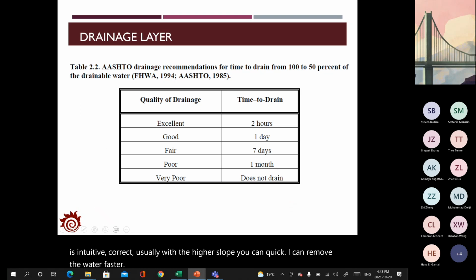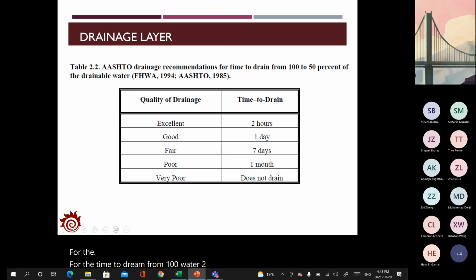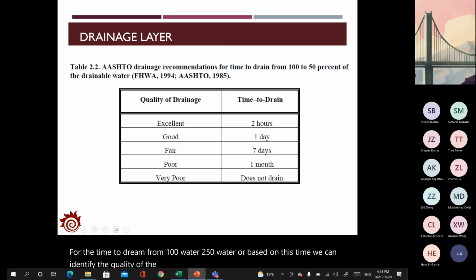And based on the AASHTO drainage recommendation for the time to drain from 100% water to 50% water, based on this time, we can identify the quality of the drainage layer. If the time to remove 50% of the water is less than 2 hours, we say that the drainage layer is excellent.